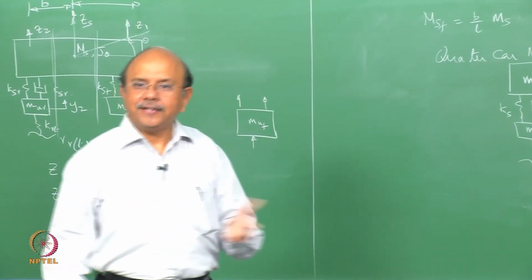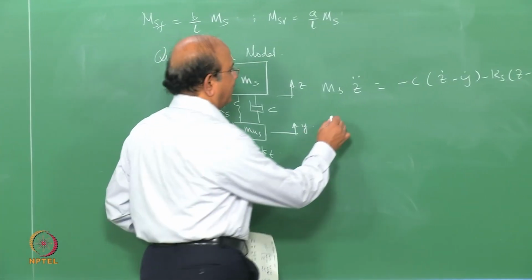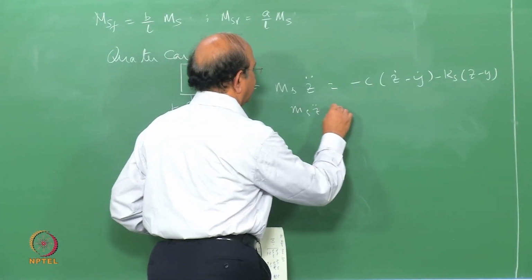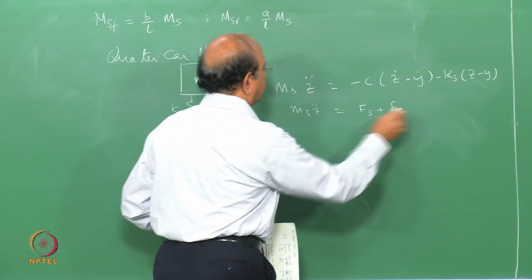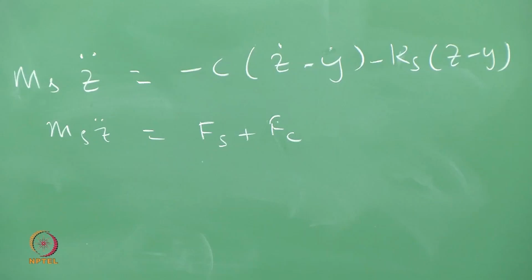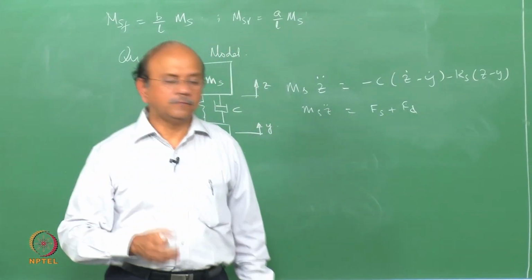If you want, write it like this. If you want, write it as ms z double dot is equal to force from the spring plus force from the damper.